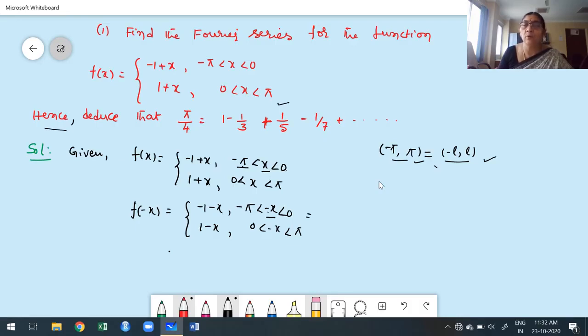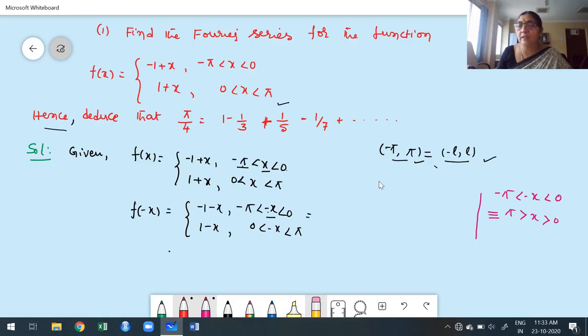What are we going to do? Now, I am going to explain that part separately. The part is minus pi less than minus x less than 0. This is also equivalent to pi greater than x greater than 0, once you multiply the entire inequality by a negative sign and change the inequality.